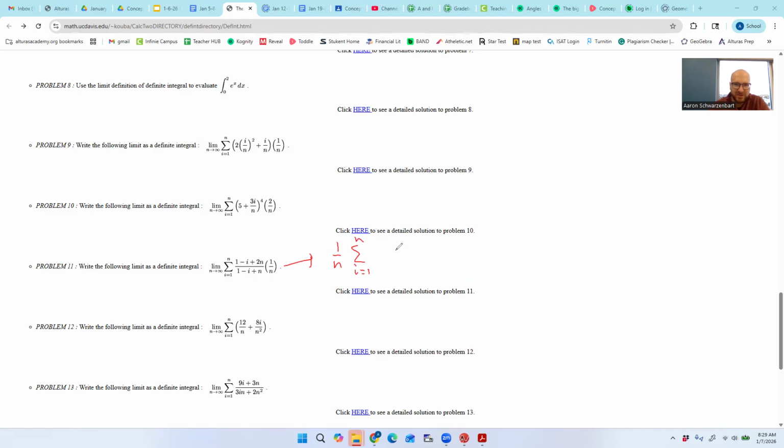So I factored out the 1 over n part. I'm going to multiply this thing here by 1 over n over 1 over n, which is 1.